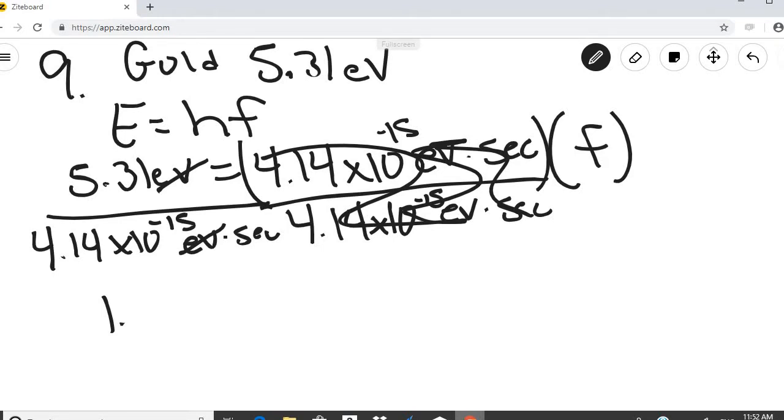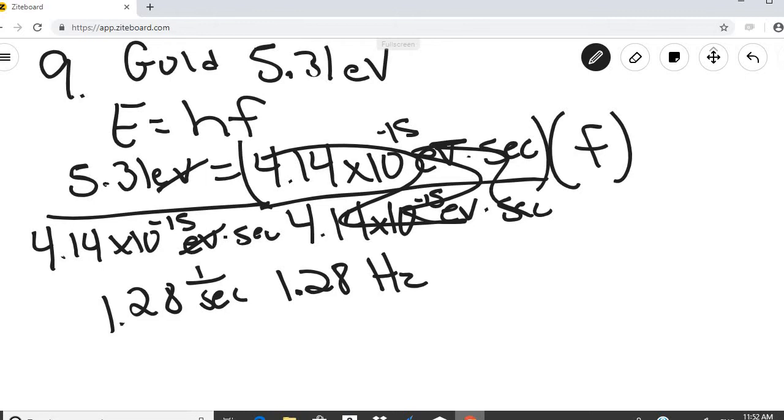Okay, so we should be able to go at 1.28, 1 per second, or 1.28 hertz. Okay, so as long as the frequency of the light is 1.28 hertz, then the electrons would be able to escape from the metal, which in this case is gold. Okay, so this is our frequency. So then the next question that they ask is, what is the wavelength?